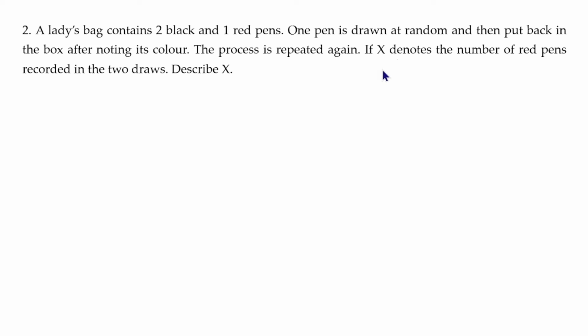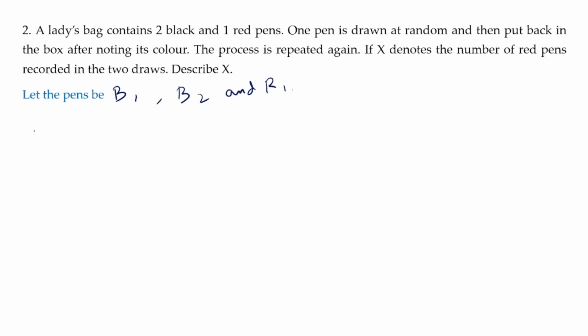We are asked to take the random variable X as the number of red pens recorded in the 2 draws. Now we have to describe X. So let the pens be, we have 2 black pens and 1 red pen, given by B1, B2 and R1.